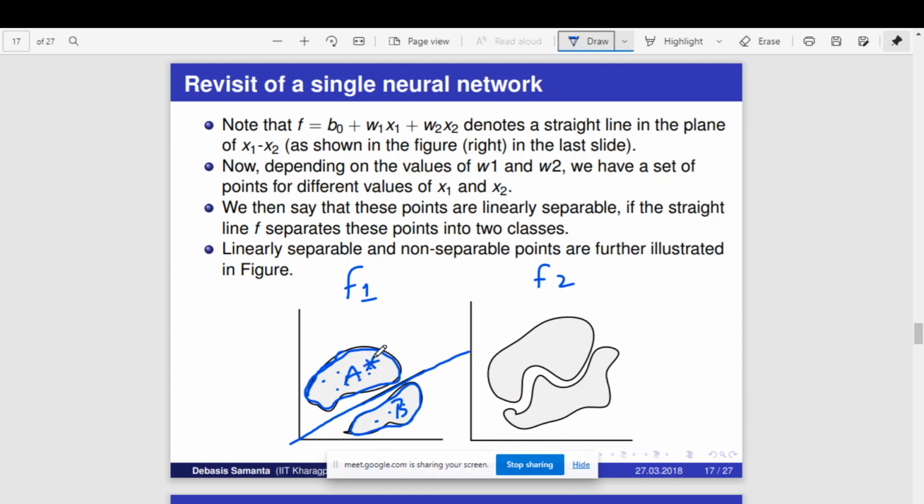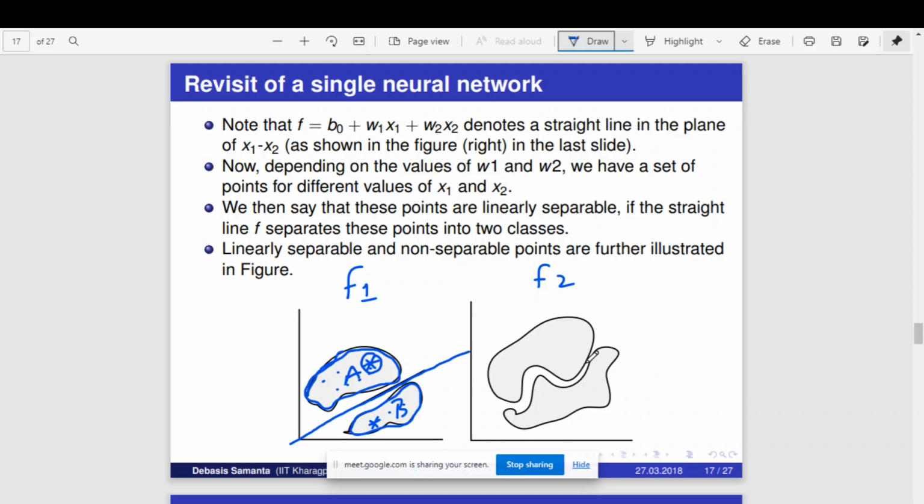Now you just check whether this point is above this line or below this line. If it is above this line, then you output it as A. Otherwise you output it as B. If you want to check this point, then again check whether it is above or below. It is below it. So we will output saying that this point is in the B category, right? So this is a linearly separable problem.